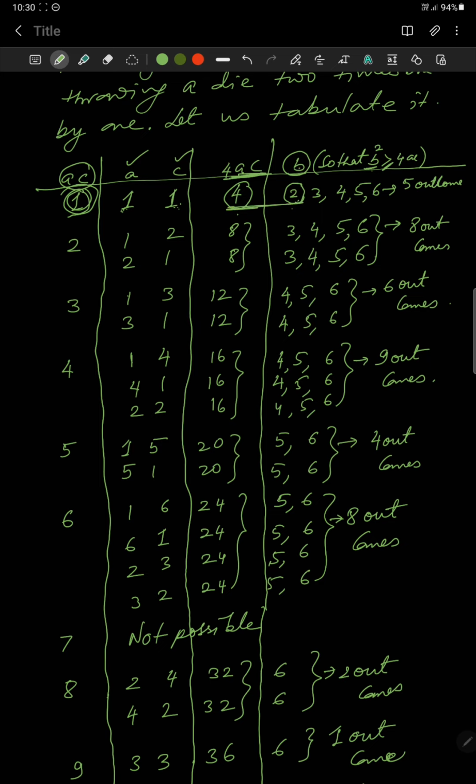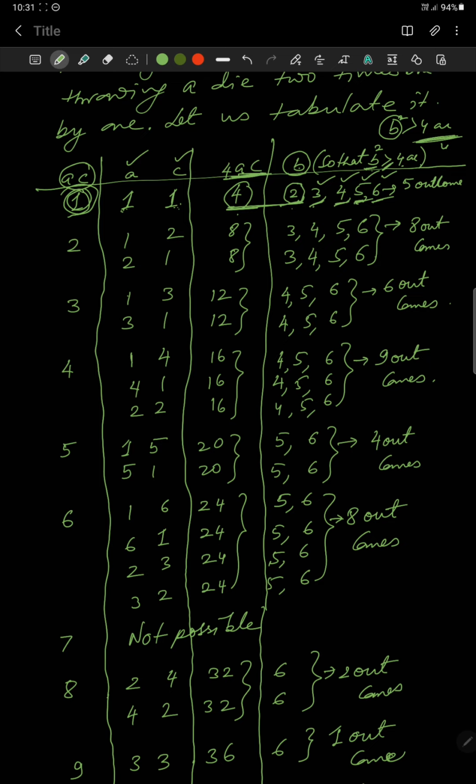Or for b square greater than 4ac, where 4ac is 4, we have to take b as either 3, 4, 5 or 6, so that 3 square is 9, 4 square is 16, 5 square is 25 and 6 square is 36. All these squares of b are greater than 4, so we can choose the 5 outcomes: 2, 3, 4, 5, 6. I hope you can understand.